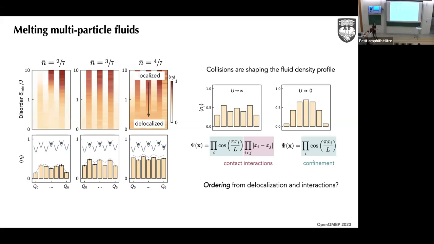And if you do this calculation with this many-body ansatz, then you get a density profile that, for 3 particles, matches nicely the experiment. These dashed lines correspond to the theory. So this shows you that the ordering that comes from the delocalization and interactions matches this intuition that we have in one dimension. But a nicer way to probe ordering is to look at some correlations and some entanglement metrics. Yeah.